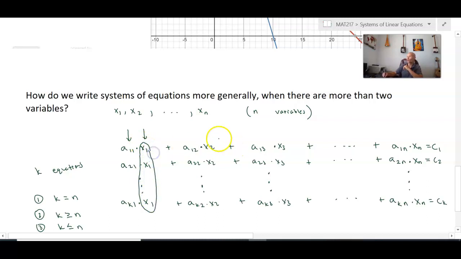This is going to become important a little bit later on. We have the coefficients of variable 2 times x2, and so on down the line, which is going to lend itself to a special type of form that will allow us to optimally solve these without having to worry about graphing or doing any sort of tedious amount of algebra by hand.